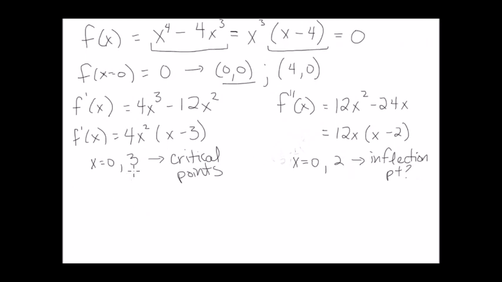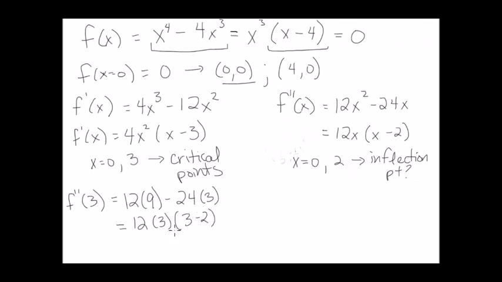When x is equal to 3, I'm going to check the value of the second derivative. So the second derivative's value when x is equal to 3 is going to be 12 times 9 minus 24 times 3. And notice that I could also do this in the factored form where I have 12 times 3 times 3 minus 2.